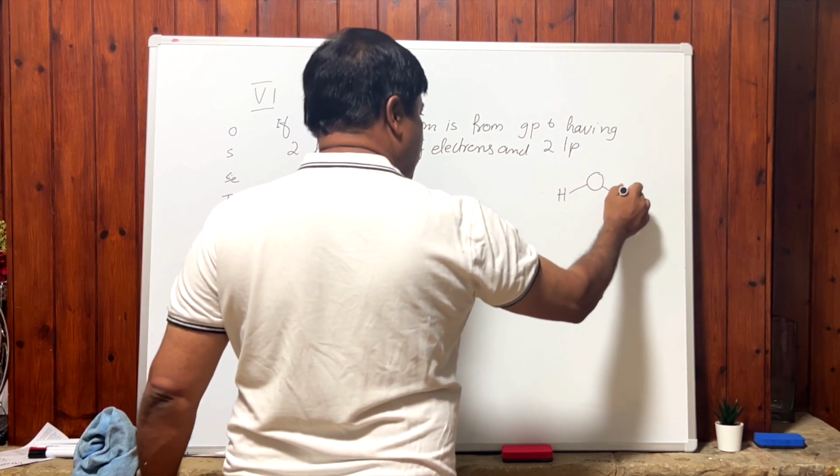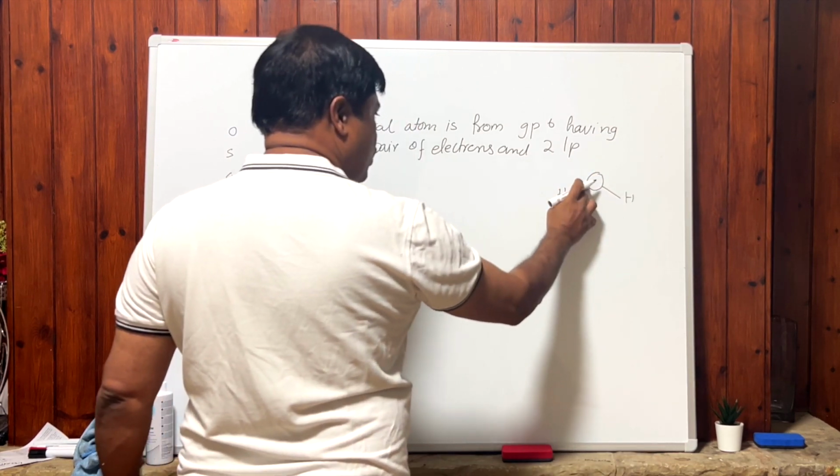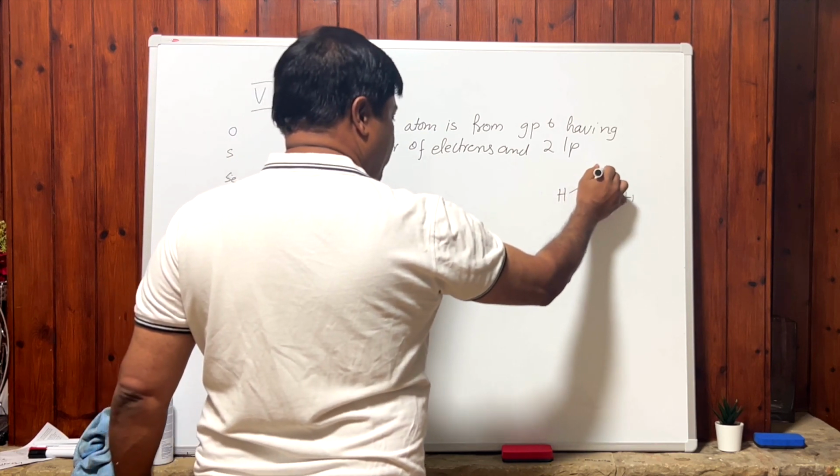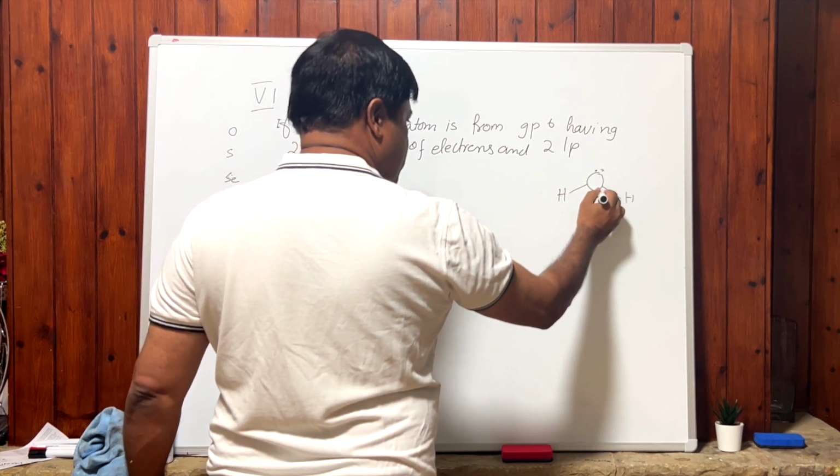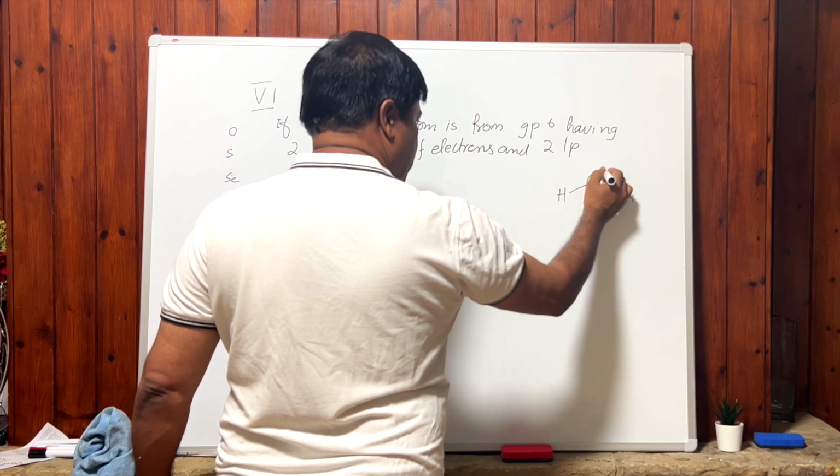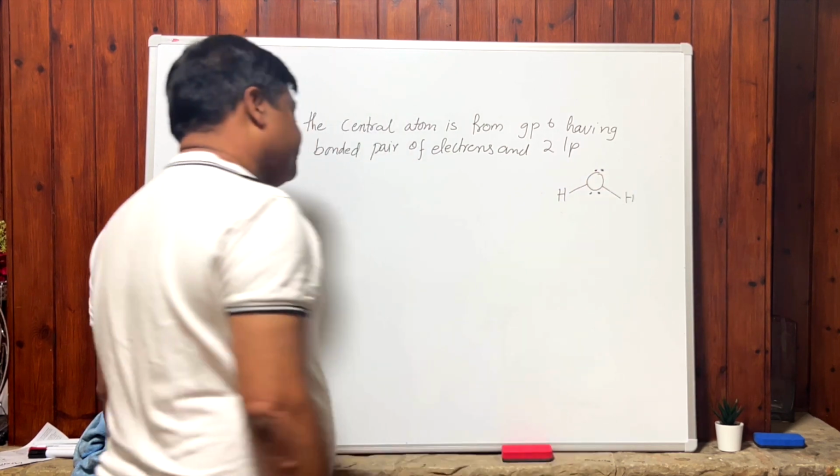It has 6 electrons, 1, 2, 3, 4, 5, 6: 2 bonded pairs of electrons and 2 lone pairs.